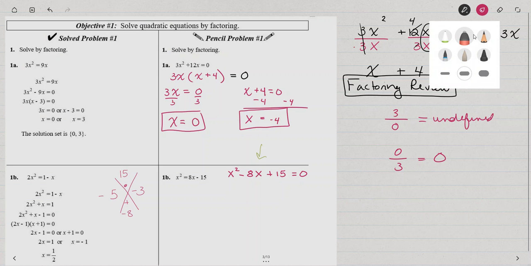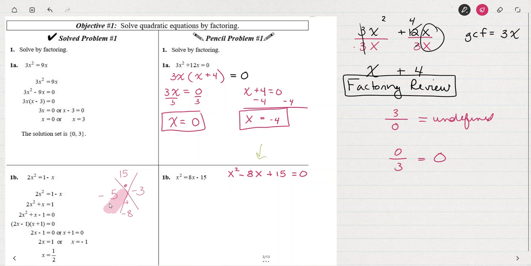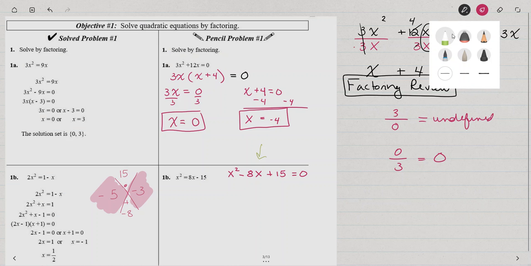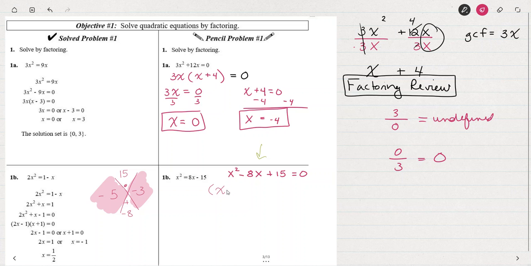So these two values, the negative 5 and the negative 3, are the two numbers I'm looking for. So when I factor this, I could have x minus 5 times x minus 3 equals 0.